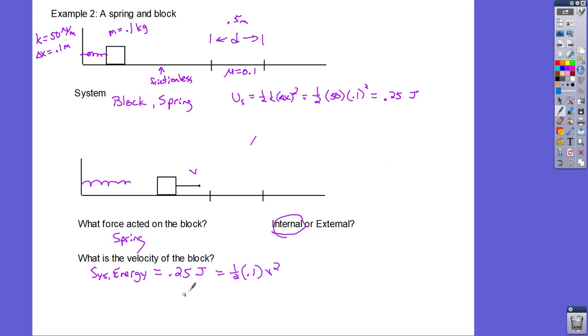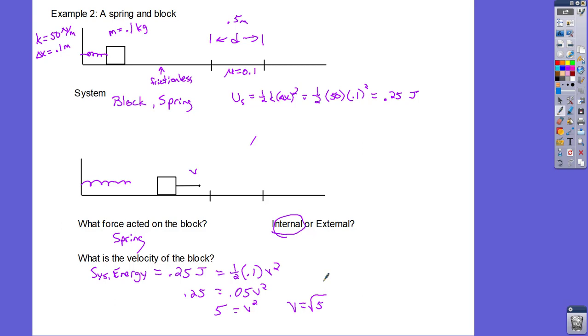So we're going to have 0.25 joules is equal to 0.05 v squared. So v squared is going to equal 5, which means v is equal to the square root of 5. Okay. So v is equal to the square root of 5.